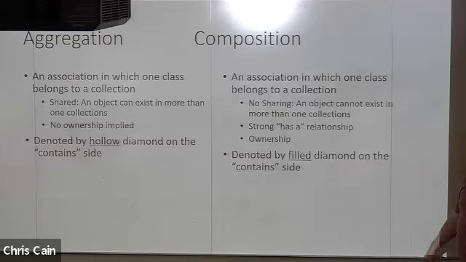So there's a filled diamond on the contained side of a composition. Is there anything I can make clearer definitionally before we get a couple of examples to be able to determine the difference between which one is aggregation and which one is composition? To me, the best part of this is ownership.